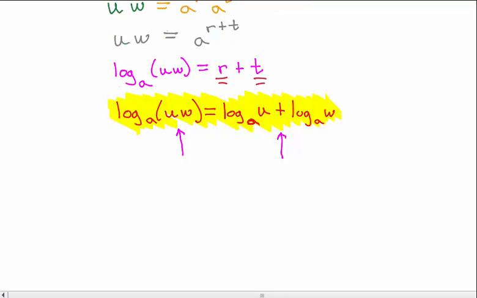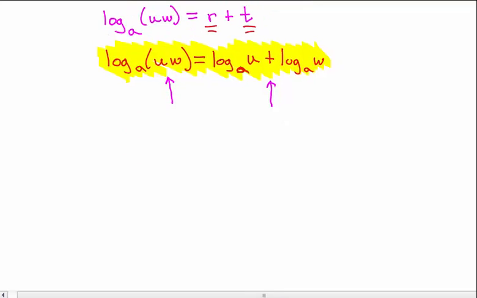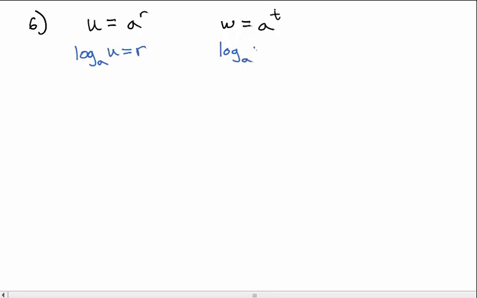We can do a real similar exercise. We'll call this number 6. Again, with our plane, we're saying u equals a to the r. We're saying that w equals a to the t, which means if we change these into logs again, it would be log base a of u equals r, and log base a of w would equal t.